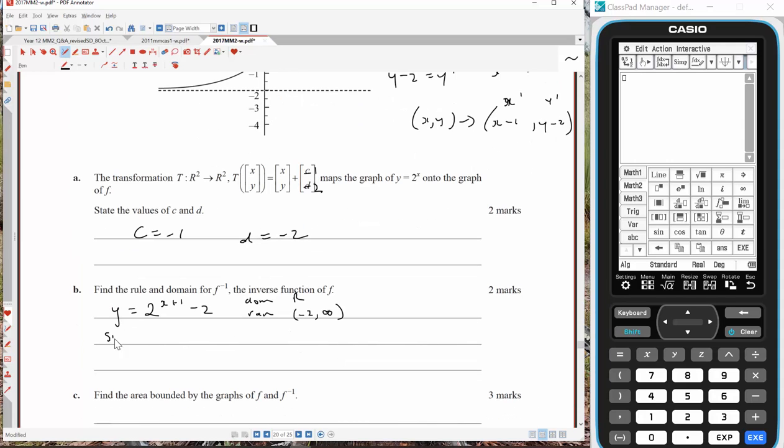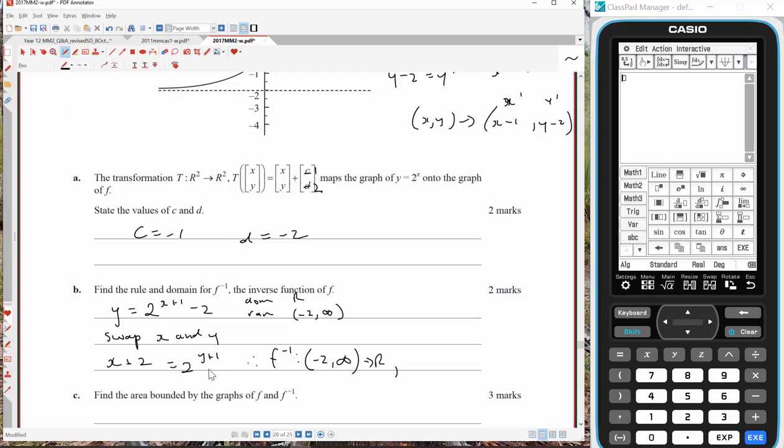So let's invert it by swapping x and y. So I've got x plus 2 equals 2 to the y plus 1. So my inverse function is f-1 such that -2 to positive infinity, because the domain of the inverse is the range of the original, to codomain all reals.